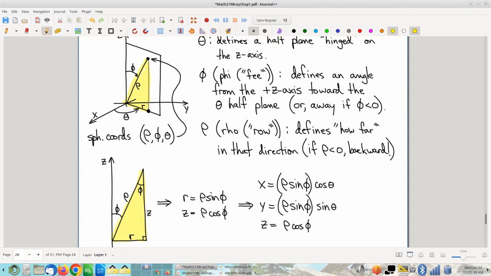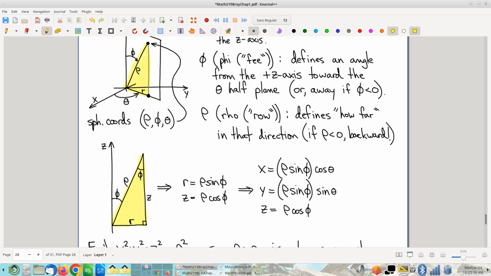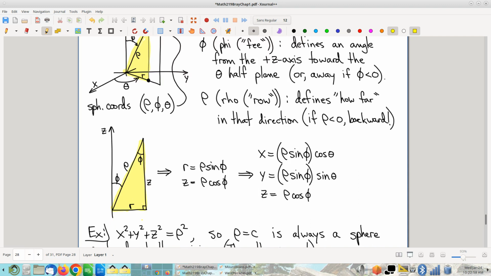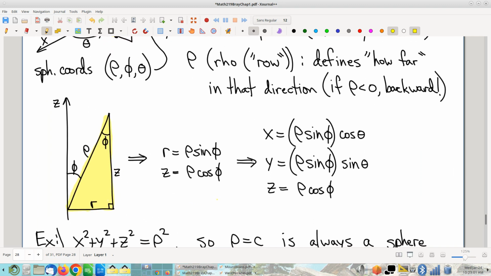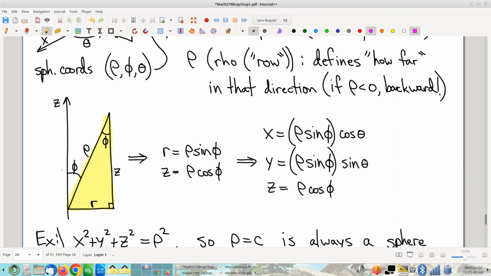One of the problems of trying to do three-dimensional stuff on a two-dimensional screen or piece of paper is that you're looking sideways at things sometimes. And right angles don't look like right angles, and it can be very confusing. So anyway, this triangle reproduced here, some very simple observations about this triangle give a big payoff. In particular, notice that our angle phi here is also that angle there.